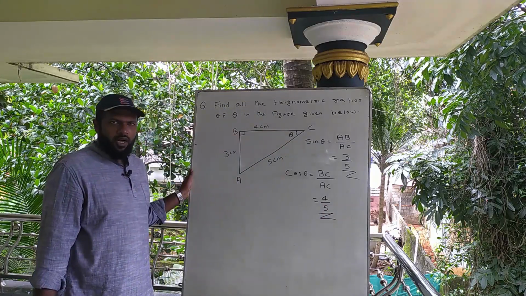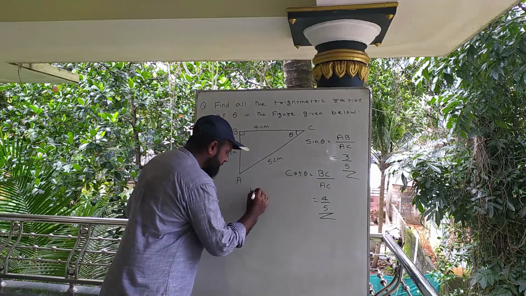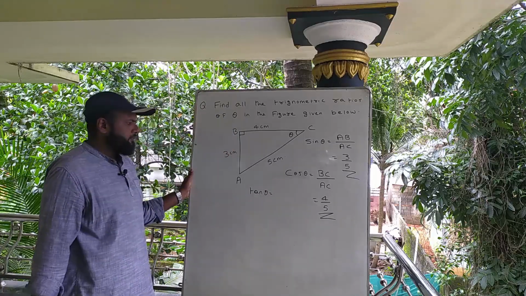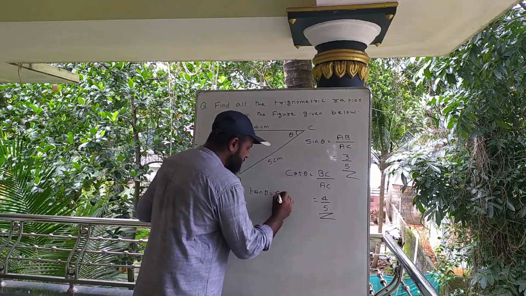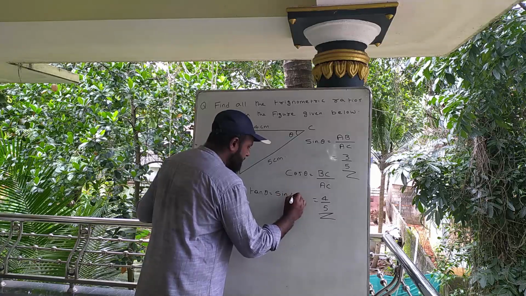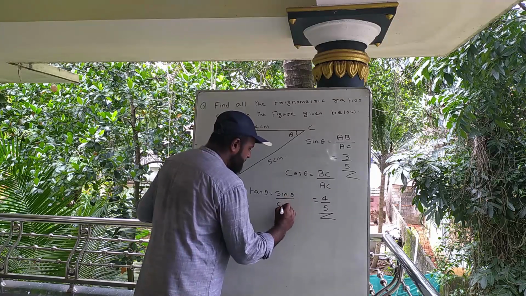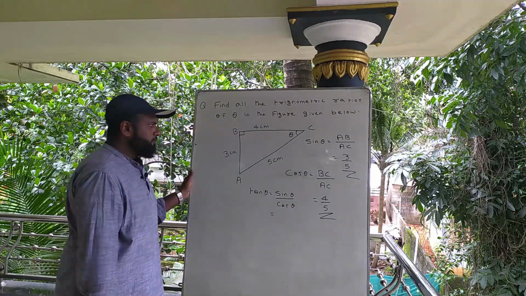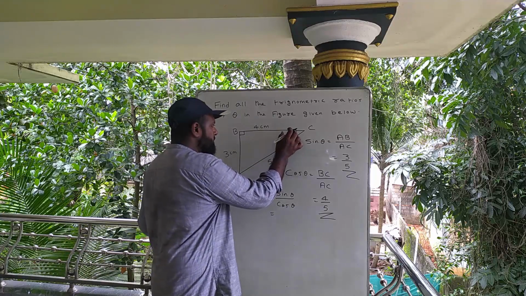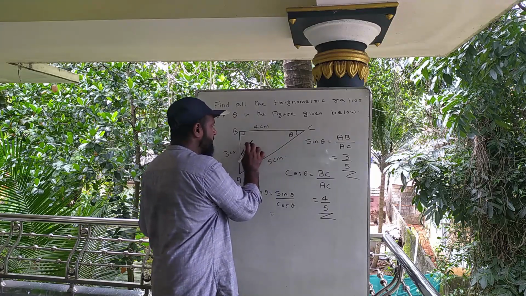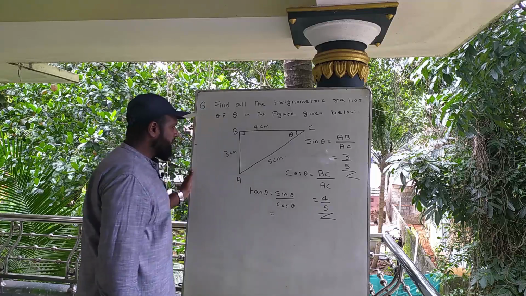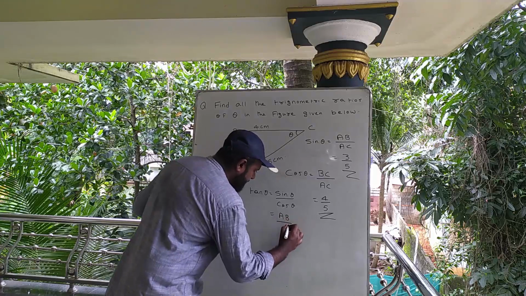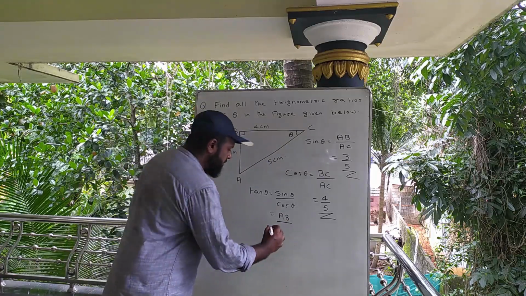Next we have to learn what is tan theta. Tan theta equal to sin theta by cos theta, or tan theta equal to the ratio of side opposite to theta divided by side adjacent to theta, that is AB by BC.